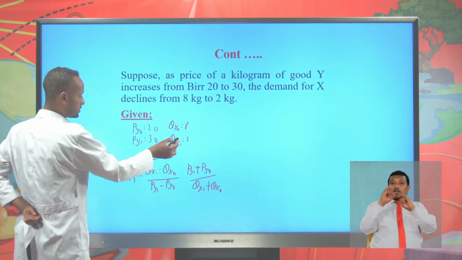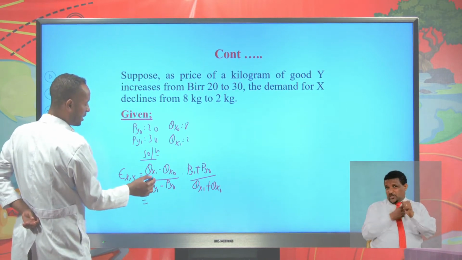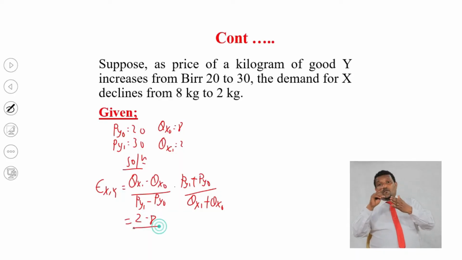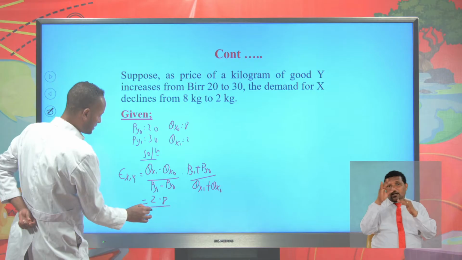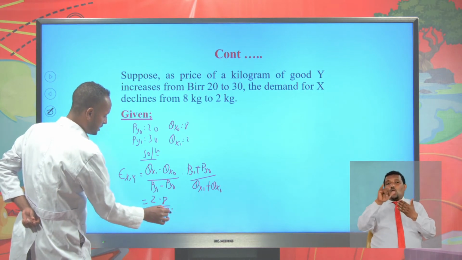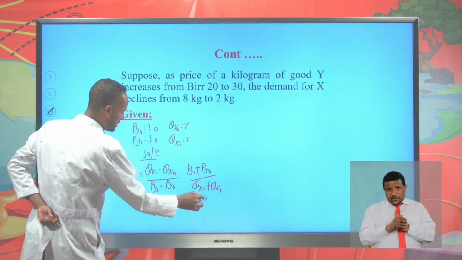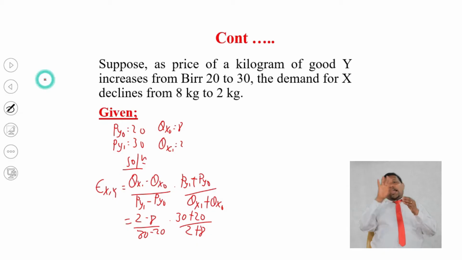When we substitute this information, we get 2 minus 8 divided by 30 minus 20, multiplied by 30 plus 20 divided by 2 plus 8.